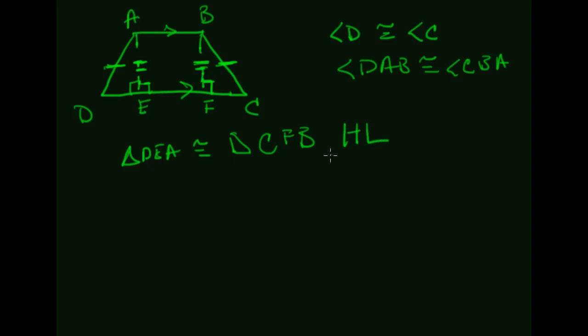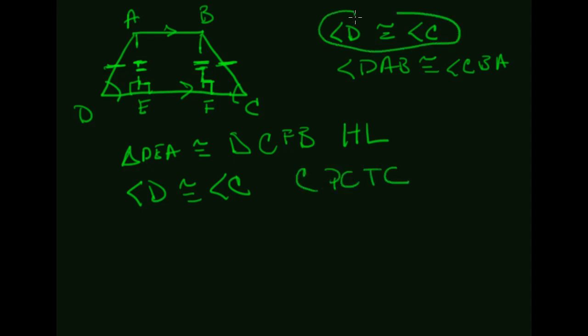So these two triangles have to be congruent. That gets me that angle D is congruent to angle C, because D is in the one triangle and C is in the other. So that's by CPCTC. That gets me this. So I've got that proven.